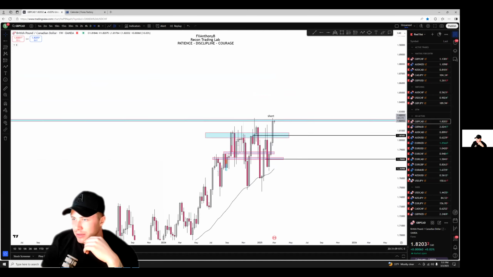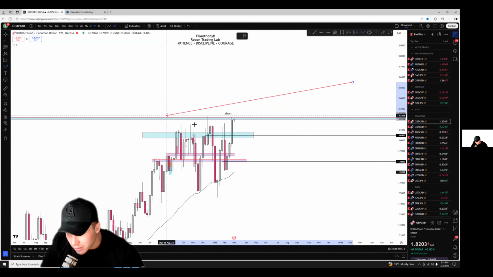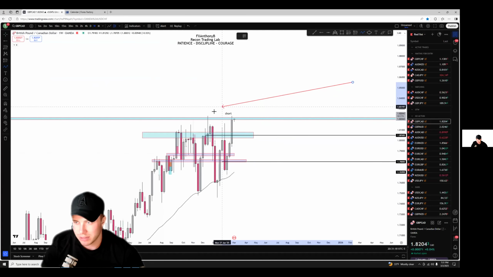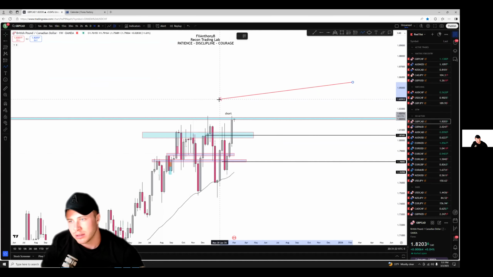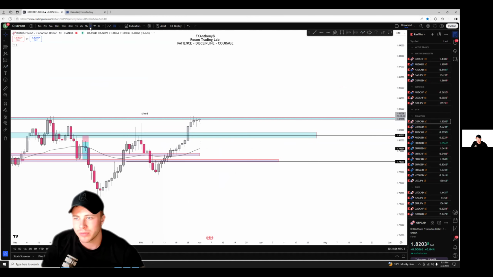Okay, so if you've been here for a long time, you know I've had this area of interest here for months, forever. It tells me to short. When it's at this level, sell. It's at this level right now. So weekly's bullish. Daily's bullish. Look at this.